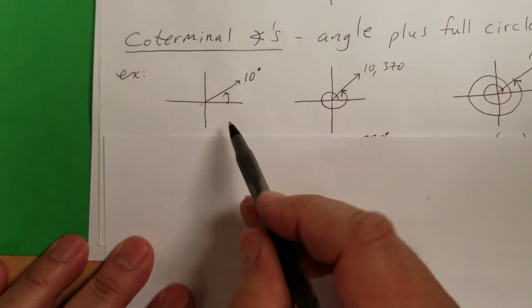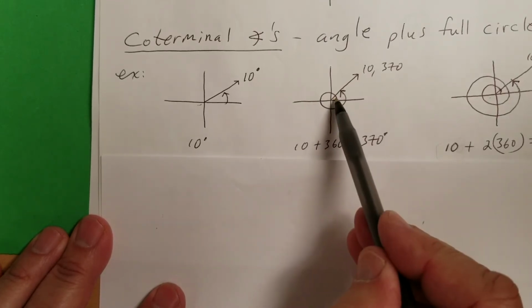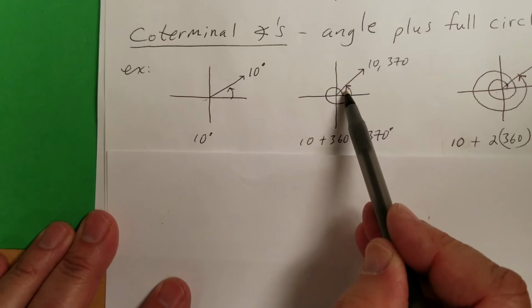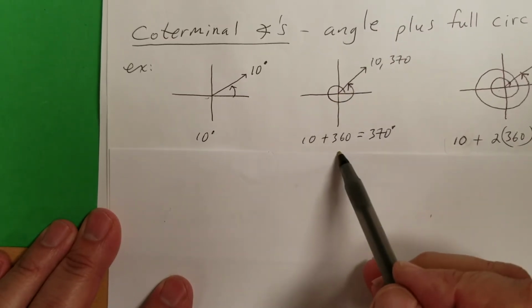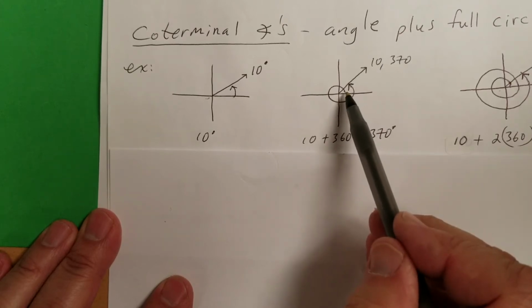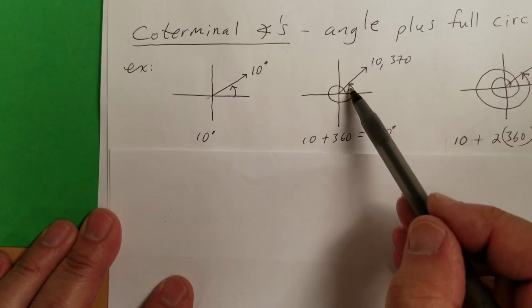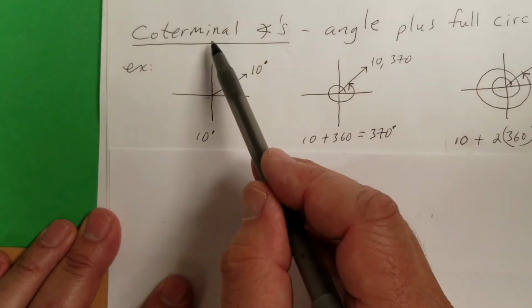So that's 10, right? Then if you go around again, that's going to be 10 plus 360, which is 370. So those are the same angles, but one went around a full circle. The same, coterminal, right?